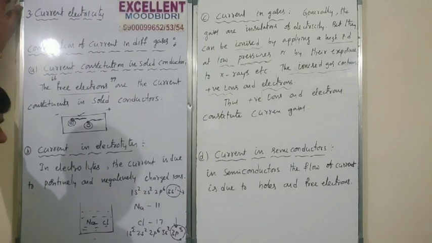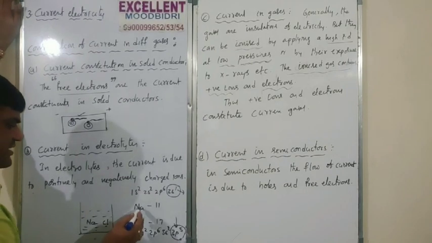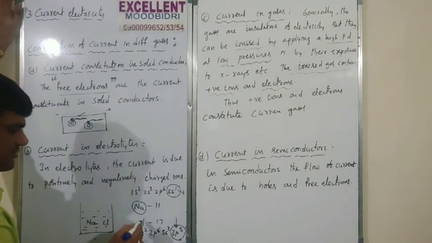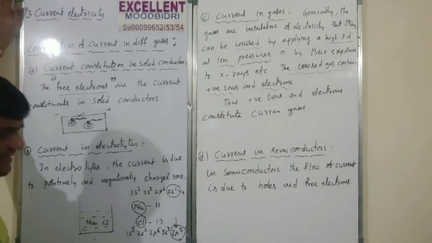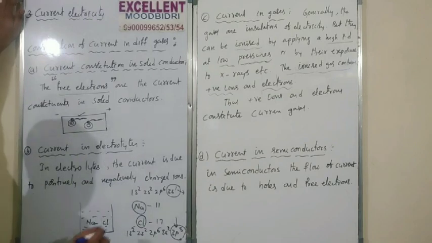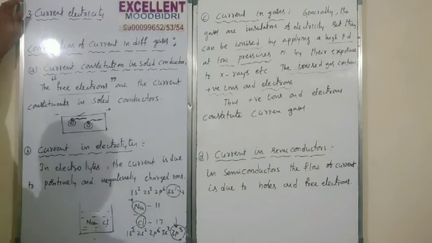Sodium can lose 1 electron, chlorine can gain 1 electron. That is why Na plus and Cl minus form.